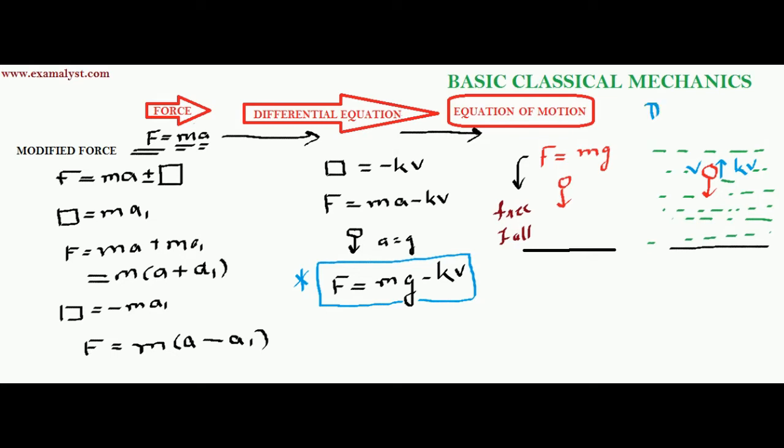If the ball falls inside water and under gravity, there is a drag force that makes the falling of the ball very slow, and that drag force is equal to k, some constant, into the velocity at any instant. Now what does this drag force do?